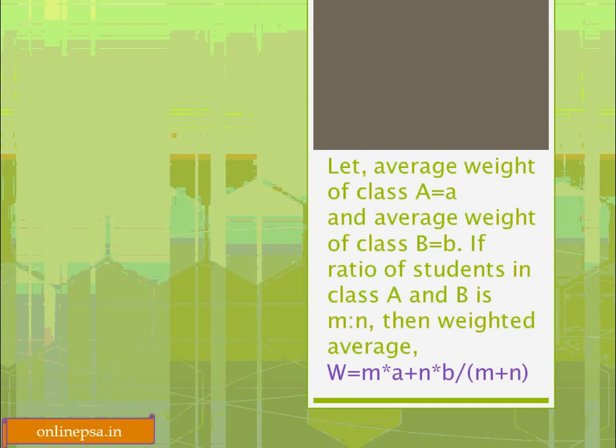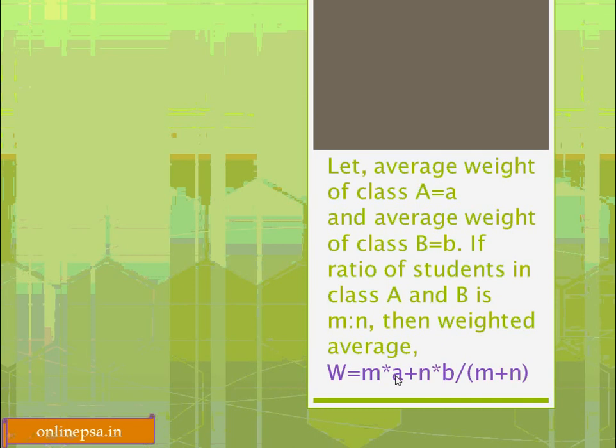Now, let us try to understand how alligation pictorial representation is same as the weighted average. Let us consider the average weight of class A as A and average weight of class B as small b. If the ratio of students in class A and B is given as M is to N, then the weighted average will be total weight divided by total number of students.